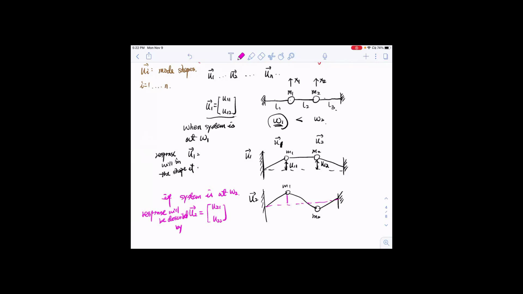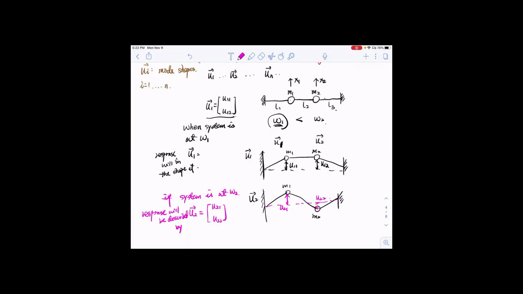So this distance is U21, and this distance is U22. The mode shapes give you an idea of how the system will look when it vibrates at that frequency. That's when you have two balls in the system.